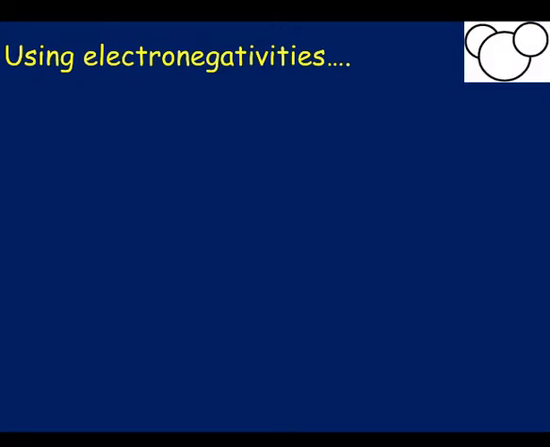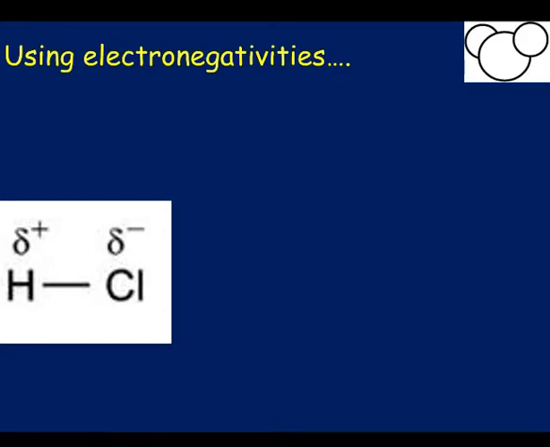So what chemists do to reflect this unequal sharing is they put these little symbols over them. They're called delta plus and delta minus, or delta positive and delta negative, but I will say it as delta plus and delta minus. That is the Greek symbol.